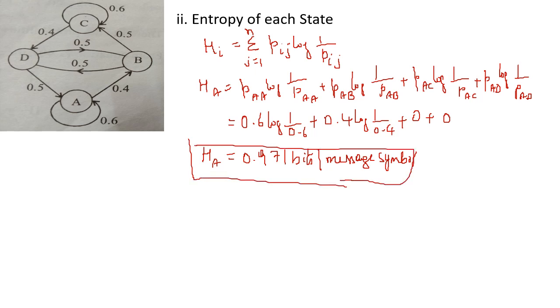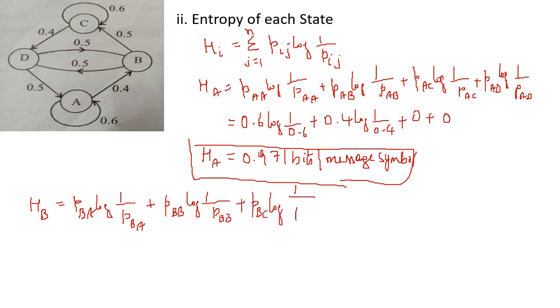Next, to find HB, we know the formula. HB will be equal to PBA log 1 by PBA plus PBB into log 1 by PBB plus PBC into log 1 by PBC plus PBD into log 1 by PBD. So we'll substitute the respective transitional probability from the graph.